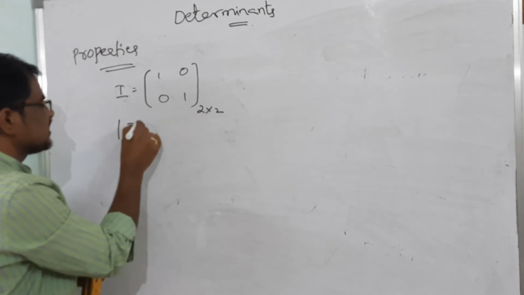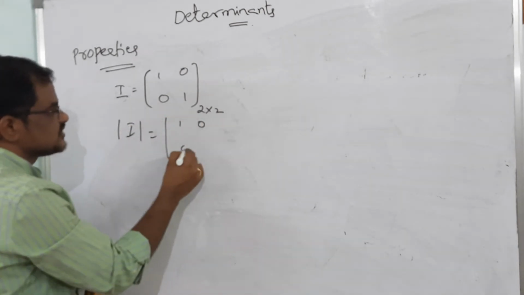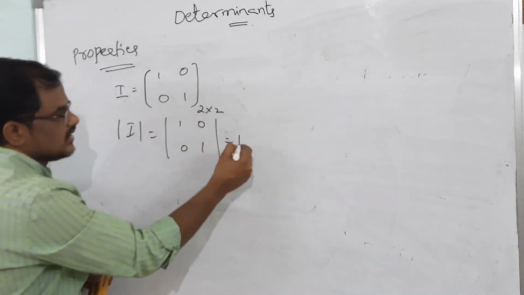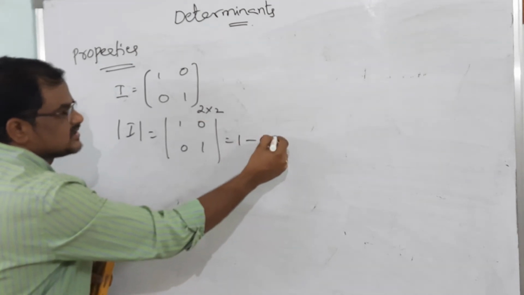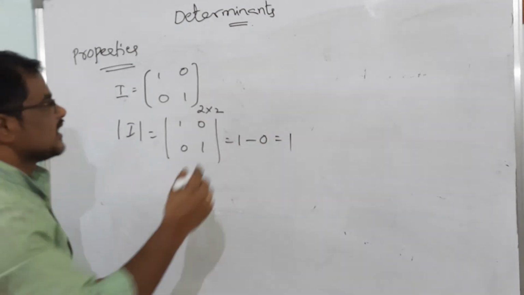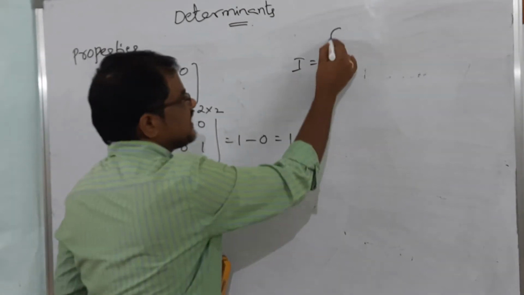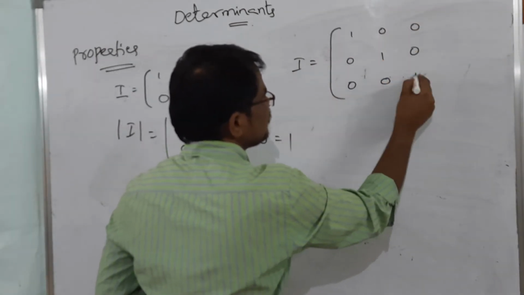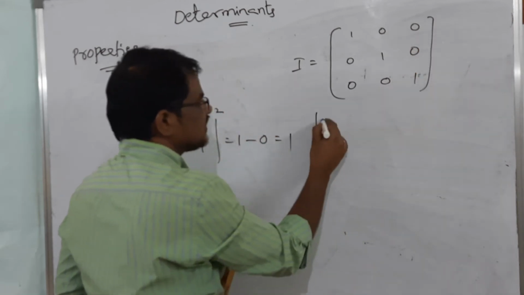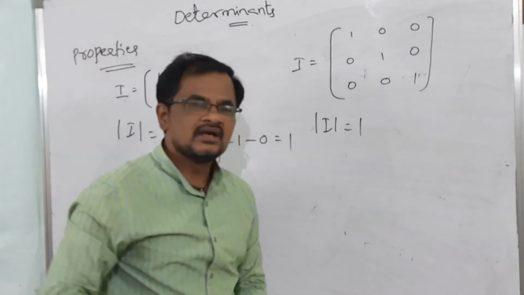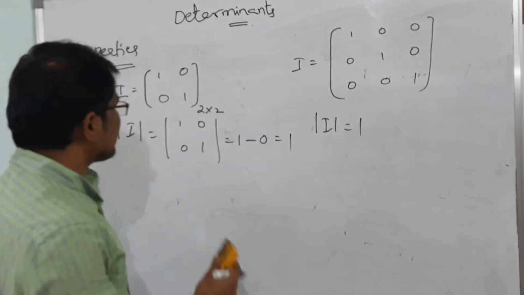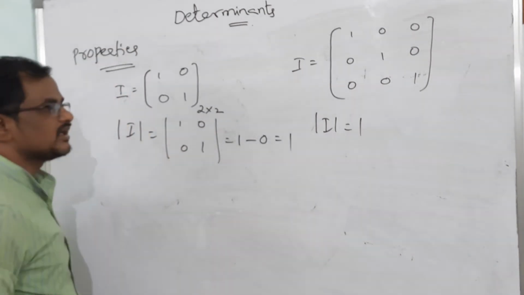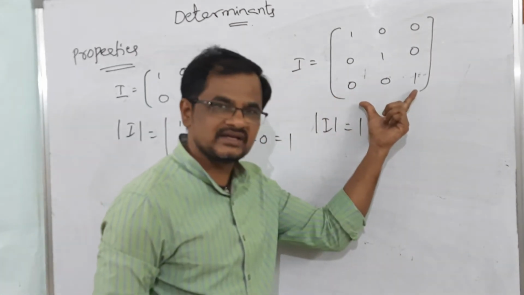If you take the determinant of this, what will you get? 1 minus 0, that is equal to 1. Or if you take the 3 by 3 matrix 1 0 0, 0 1 0, 0 0 1, and take its determinant, also you will get 1. The determinant of the identity matrix of order n, whatever it may be, is 1.